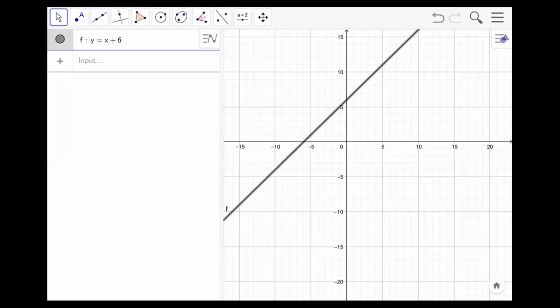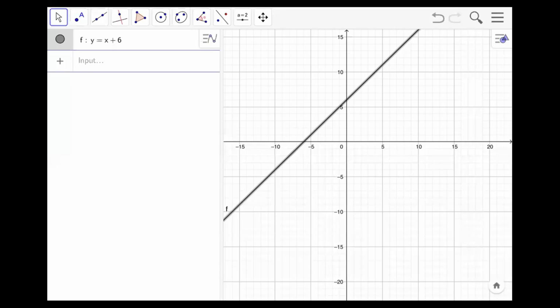Oh, nice. Okay, so look, y is going to be equal to x plus 6. Guys, what does that positive 6 mean? Do you know what that positive 6 means? Origin coordinate. Yes, it's a coordinate. And I like that information just given.